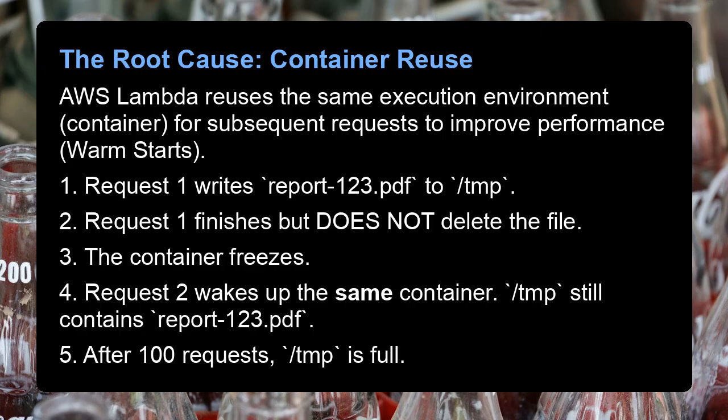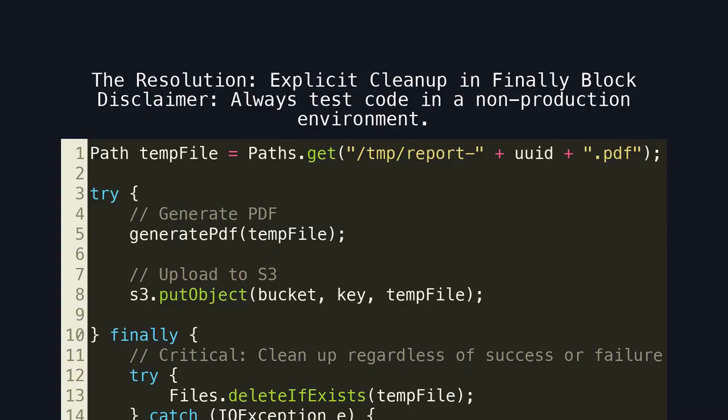Request 1 writes report 123.pdf to /tmp. 2. Request 1 finishes but does not delete the file. 3. The container freezes. 4. Request 2 wakes up the same container. /tmp still contains report 123.pdf. 5. After 100 requests, /tmp is full.